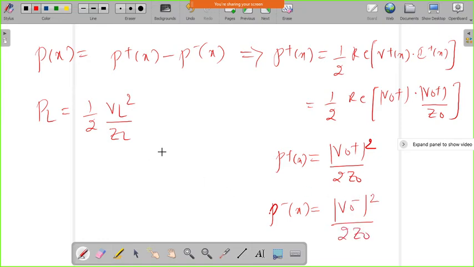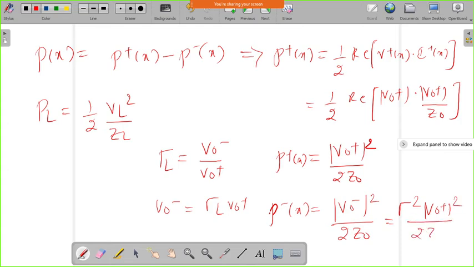But from our earlier discussion, gamma L is nothing but V naught minus by V naught plus, so we can write V naught minus as gamma L into V naught plus. Now if I substitute V naught minus squared, we get gamma squared into V naught plus squared divided by 2Z naught.